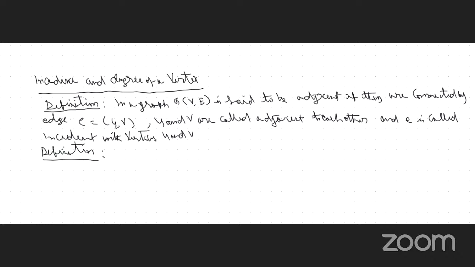Let G = (V, E) be an undirected graph, and Vi belongs to V.